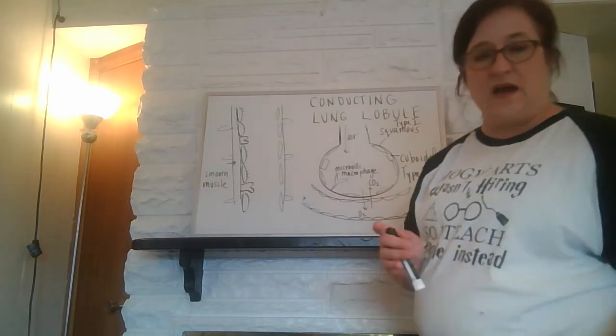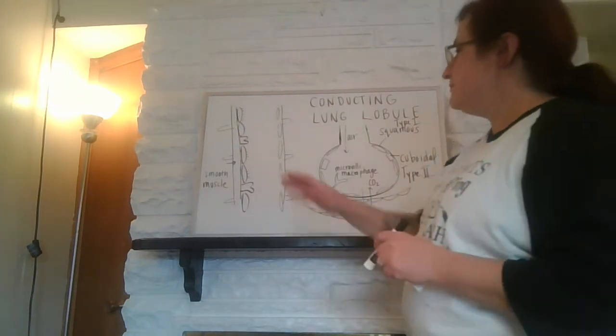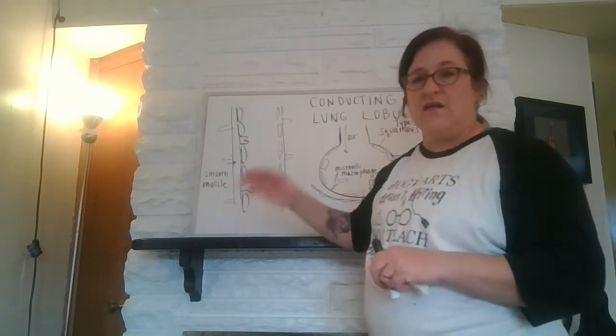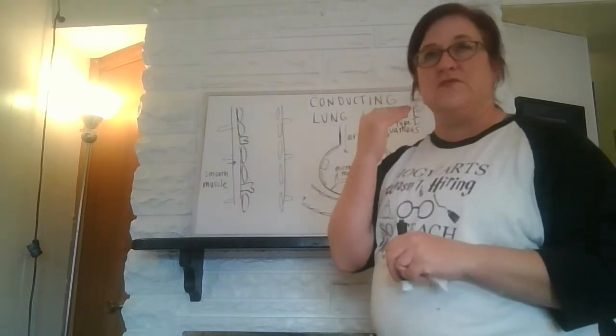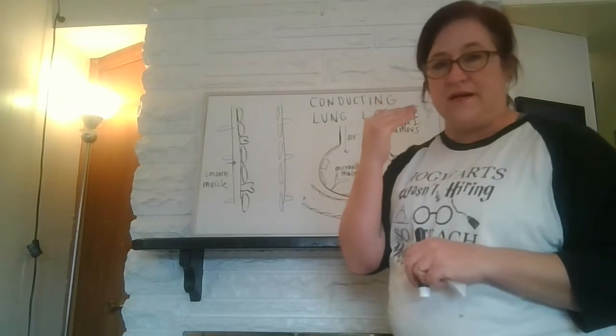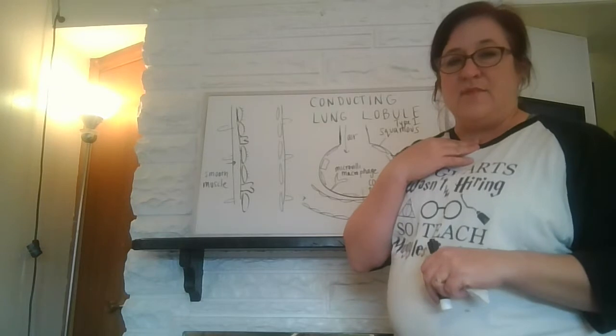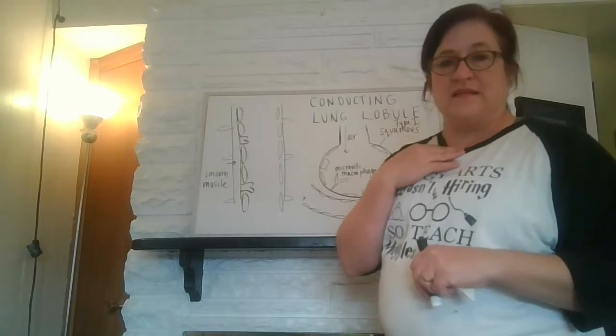So looking at the types of tissue, the conducting airways: the air comes in through the oral or nasal pharynx down past the epiglottis and the larynx.